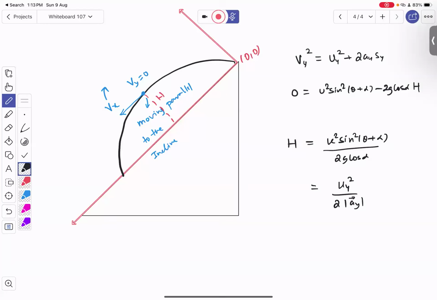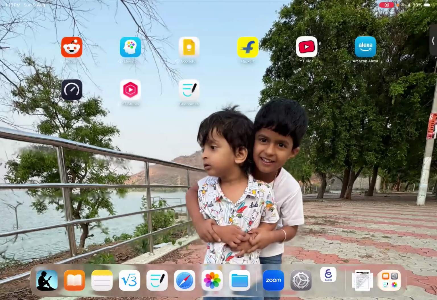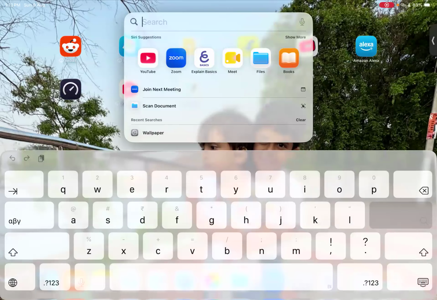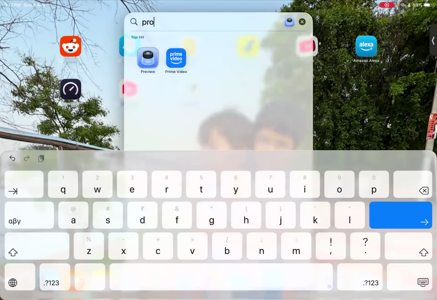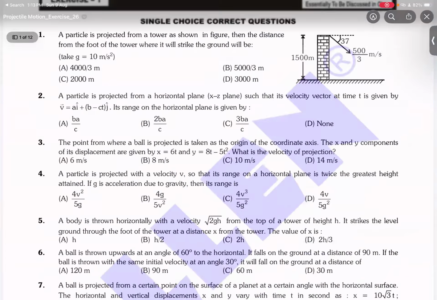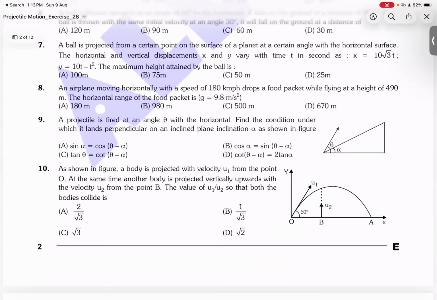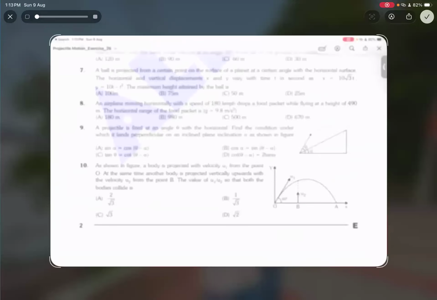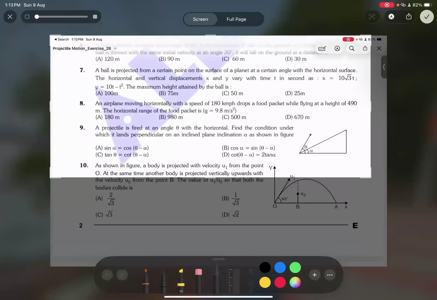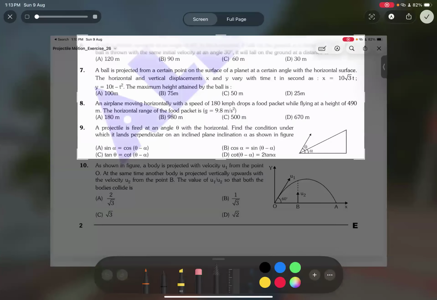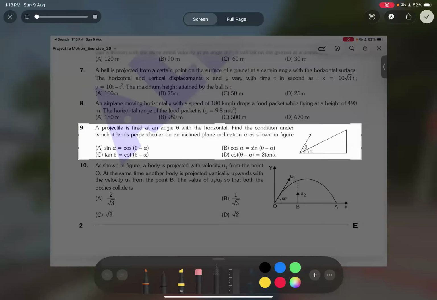Shivani: Projectile motion, exercise 1, question number 9, sir. Okay. Find the condition under which the projectile will hit the inclined plane perpendicular to the inclined plane.